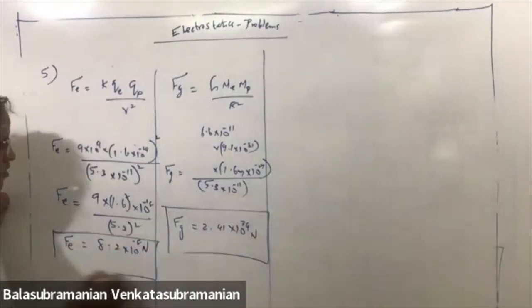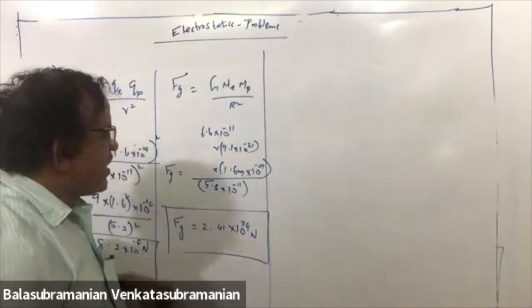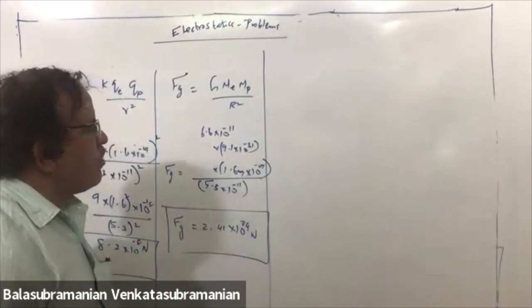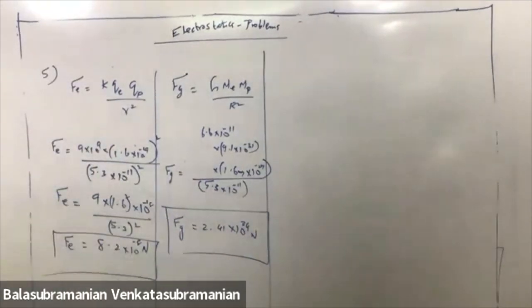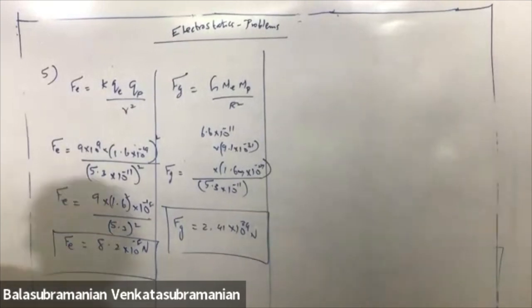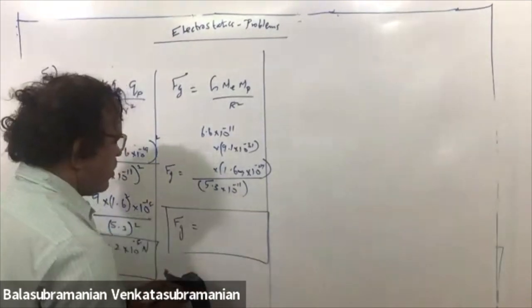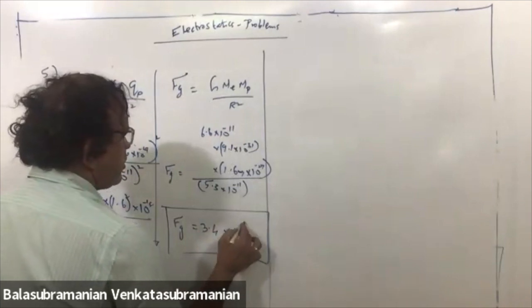See here, electrostatic force is 8.2 10 power minus 8. Gravitational force 2.41 10 power plus 39. No, it is 3.4 10 power minus 47.